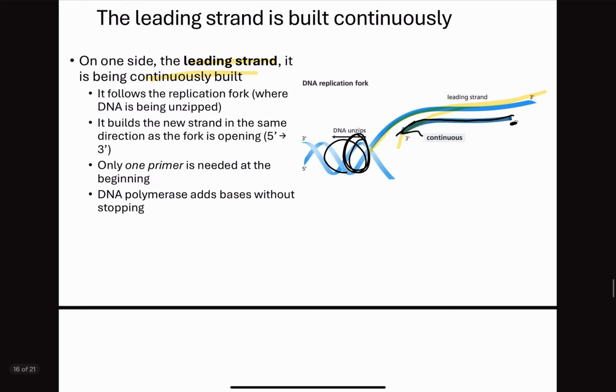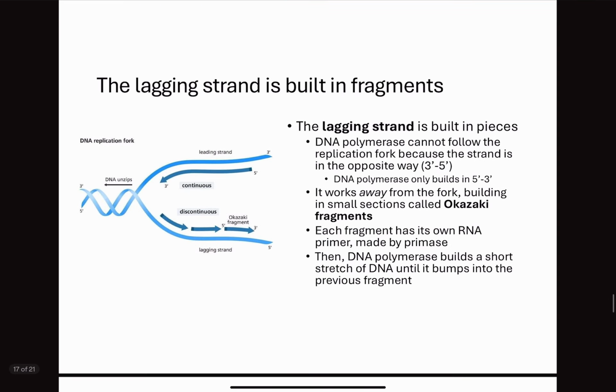So now that we talked about the leading strand, we also have the lagging strand. Because DNA polymerase can't follow the replication fork, since it builds in the opposite direction, instead it works away from the fork, building in small sections called Okazaki fragments.